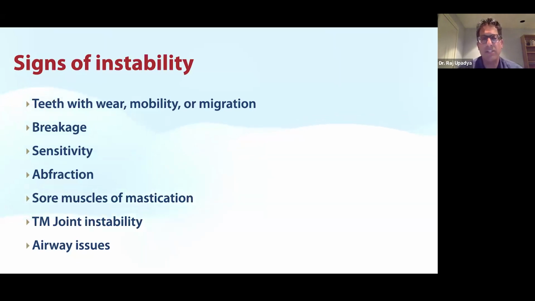We want to always intervene as quickly as we can to stop the process. We know that if we leave these processes of cardiovascular disease, cancer, or diabetes, if we let these go on without at least trying to alter or slow down the progression, we're going to see some end-stage situations where they can get pretty bad. So the same thing with occlusal muscle disease and occlusal instabilities or TMJ instabilities. If we just watch and wait, they're not going to correct themselves.